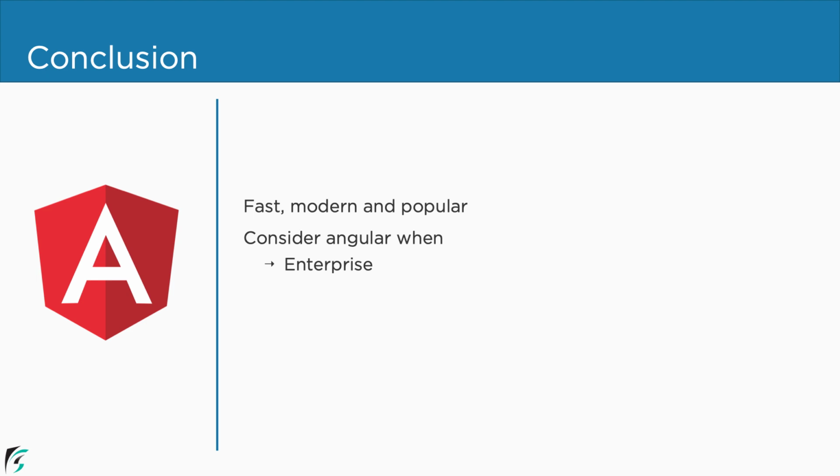Angular tends to appeal more to this type of companies because of its use of TypeScript and since it is a fully featured framework. You can also go for Angular if you have a typed backend such as C# or Java. Angular will be comfortable for you since it uses TypeScript.